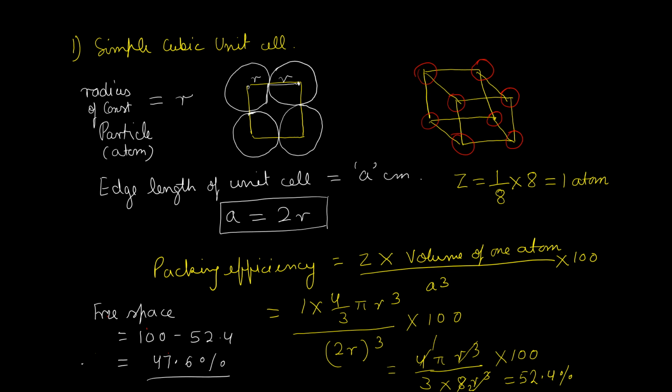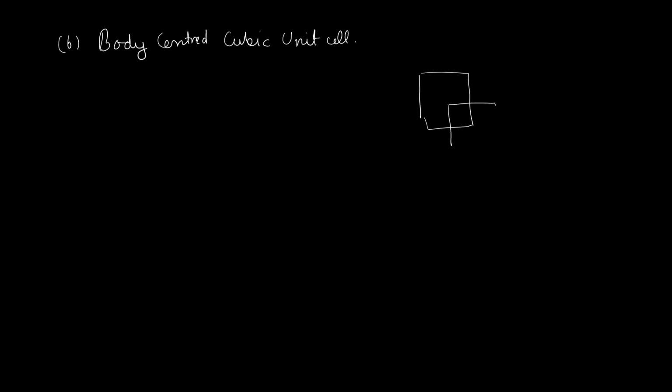Now the second case is of body centered cubic unit cell. As the name suggests, body centered cubic unit cell means the constituent particles will be present at the corners of the cube as well as in the body center of the cube, right?